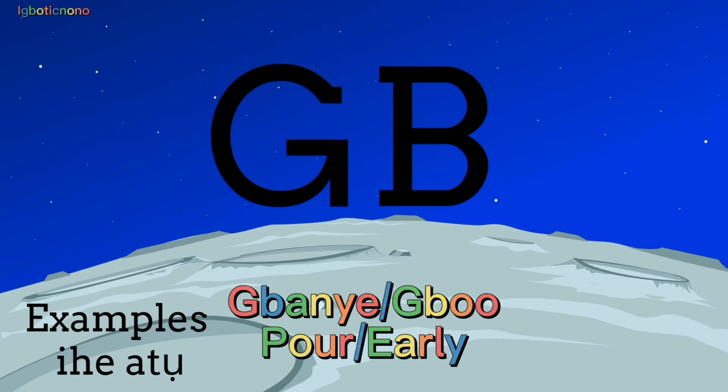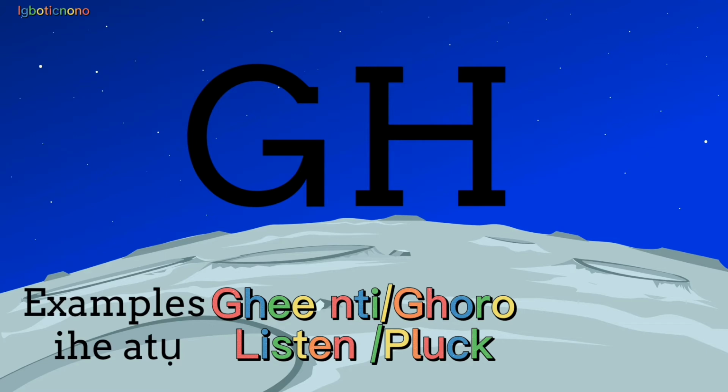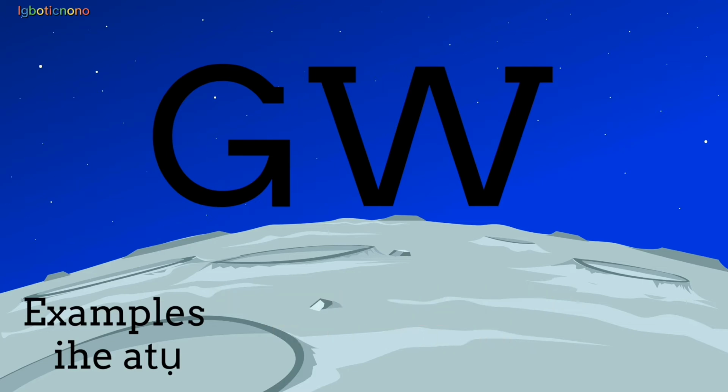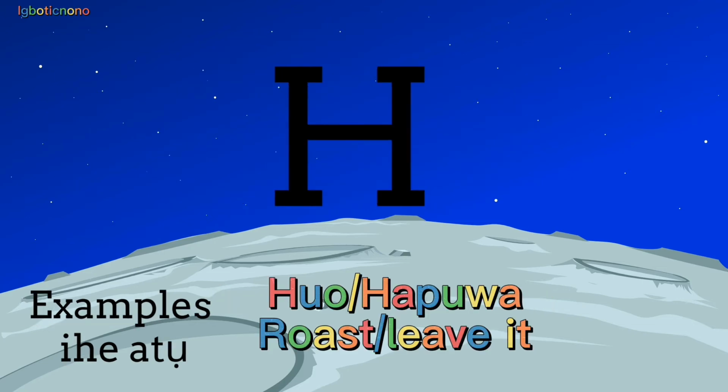Then the next letters continue: A, B, C, D, E, F, G, and then the next letter, with examples like ho, to roast.